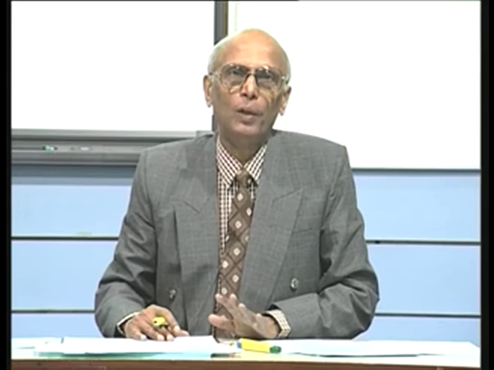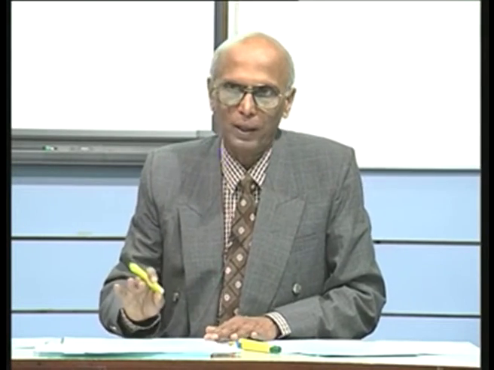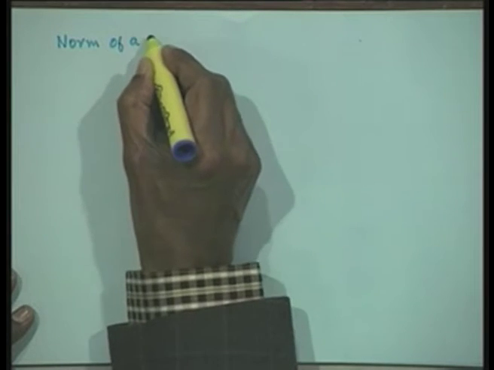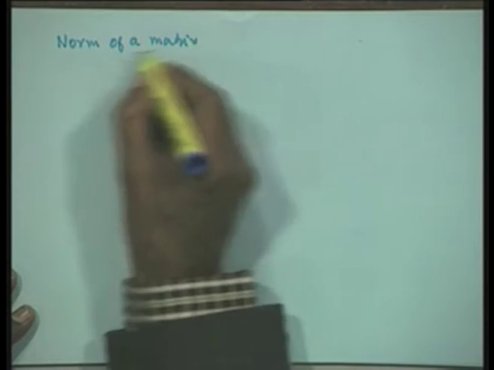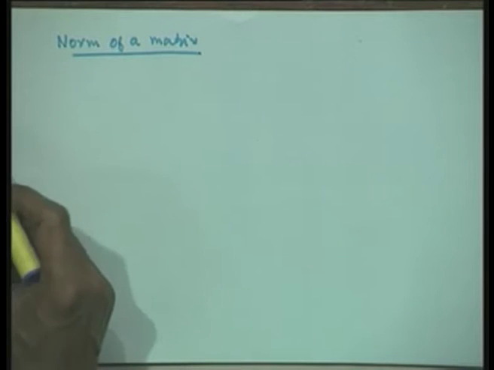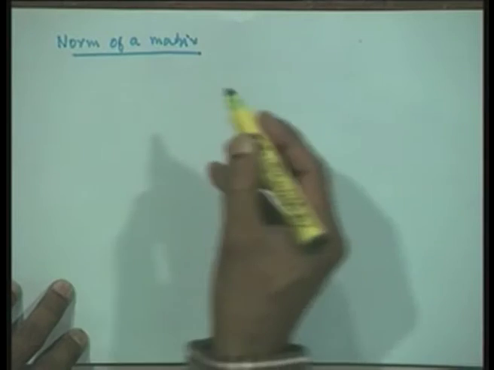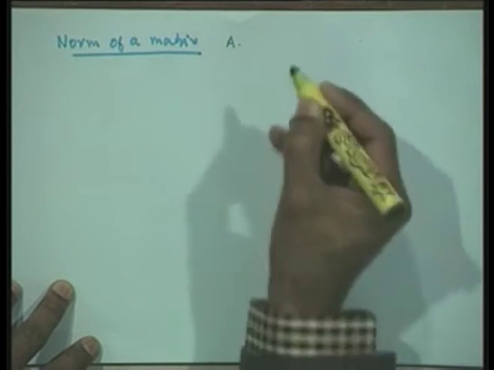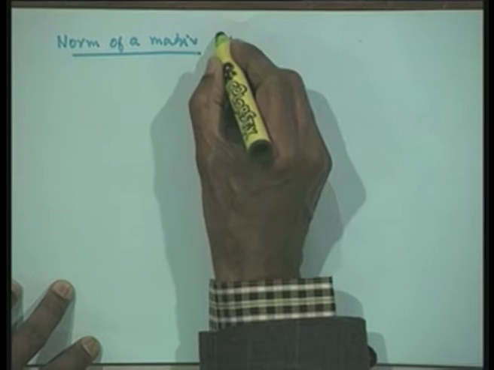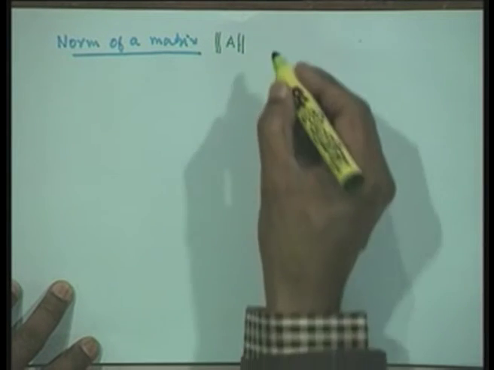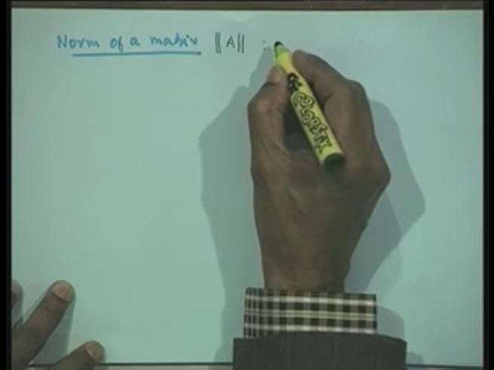One important property we will need is the norm of a matrix. So, let us define the norm of a matrix, which you might have already done in a course, but let us revise it. If you are given a matrix A, I will denote the norm of the matrix like this.